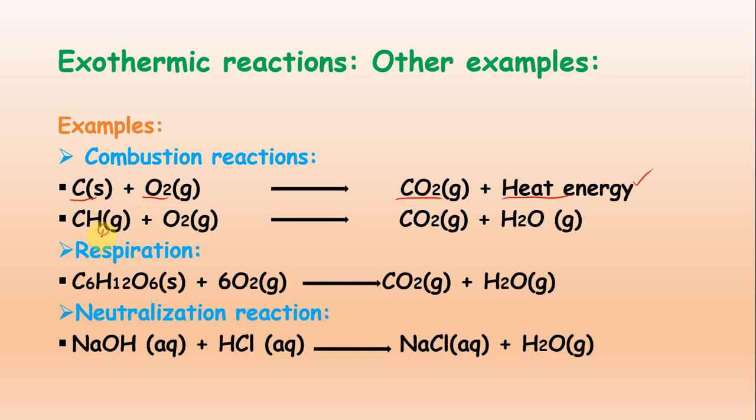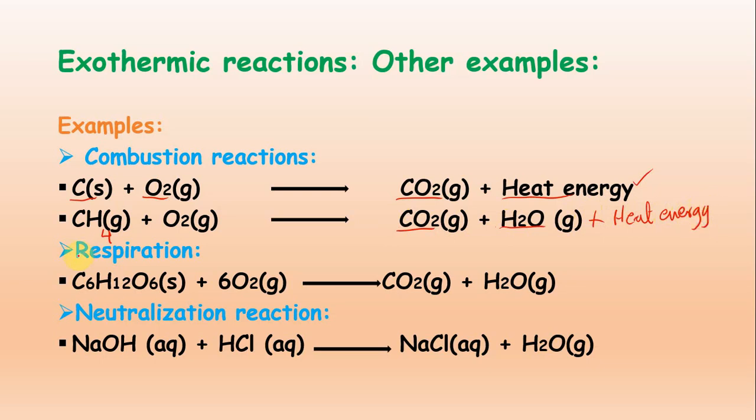Then this is methane, CH4, cooking or sui gas. When you burn it or heat it, it will produce CO2 and H2O plus heat energy also. So these are other examples of the exothermic reaction.